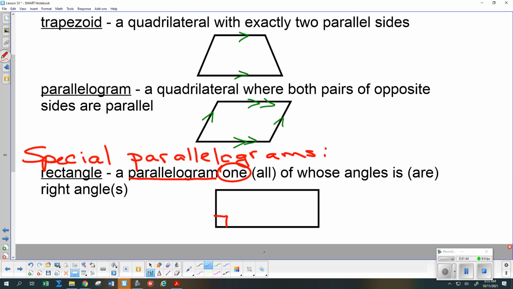That's enough for it to be a rectangle. Properties are going to come out that all four will be, but all we would have to prove for the definition would be two sets of parallel sides and one right angle in there.